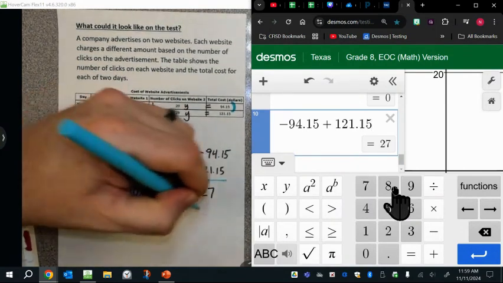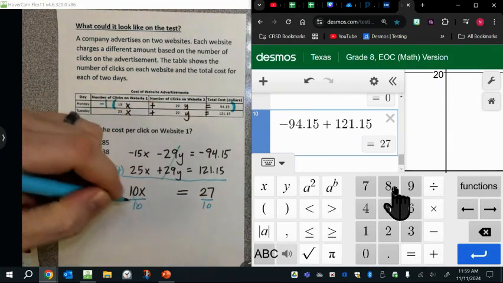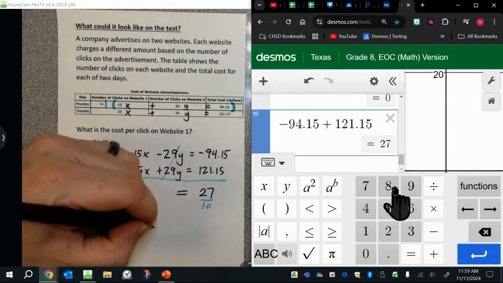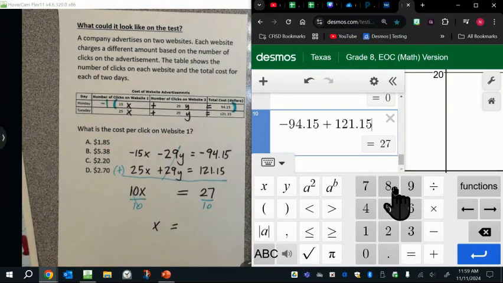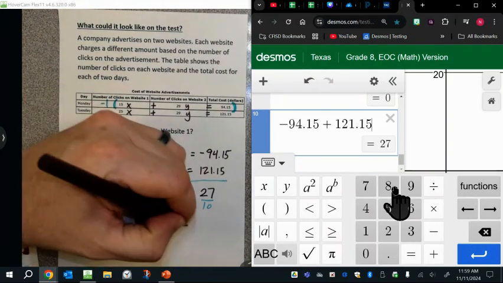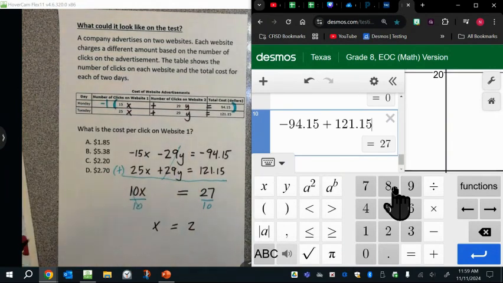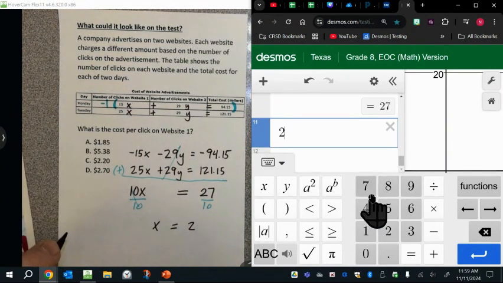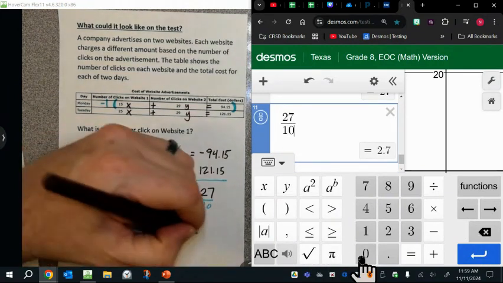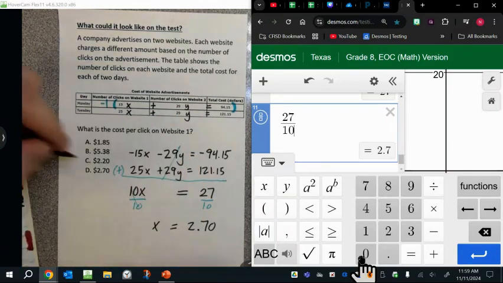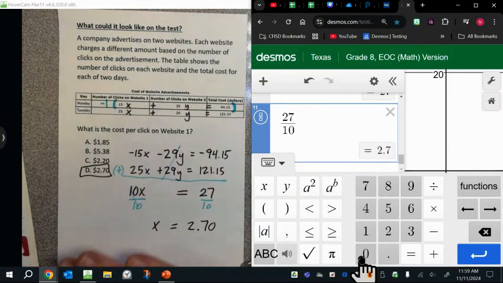Then we divide by our coefficient, and we find out that x, which is website 1, is 27 divided by 10, and that's $2.70. So your answer is D.